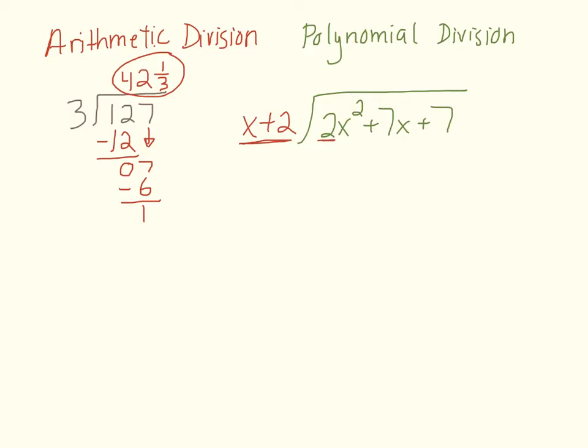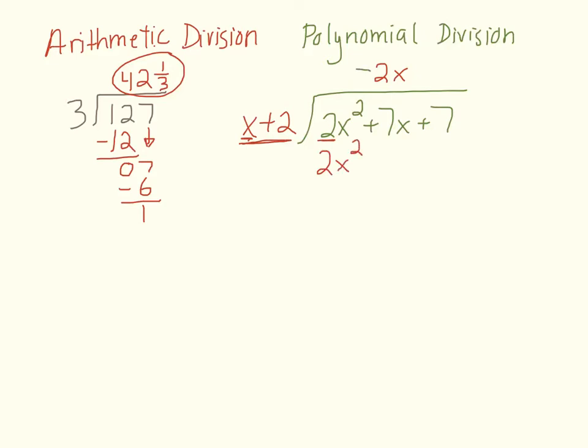Well, the first term you have here is an x. So you have to think, okay, if I multiply that x by 2x, I'll be able to cancel out this 2x squared.